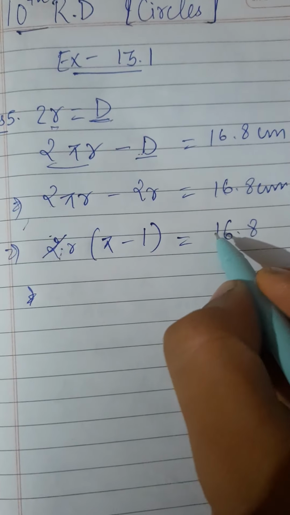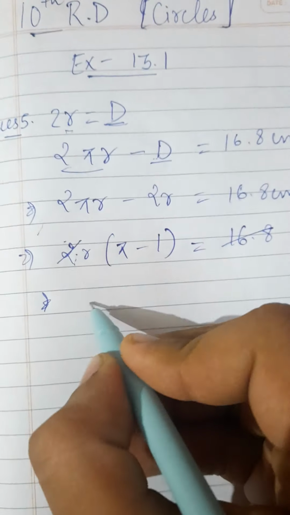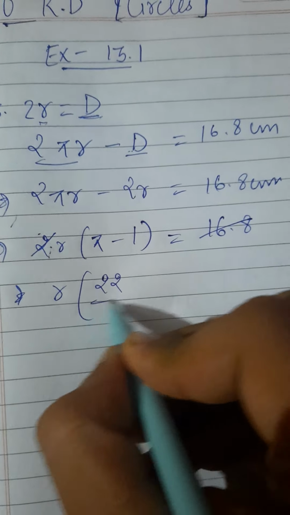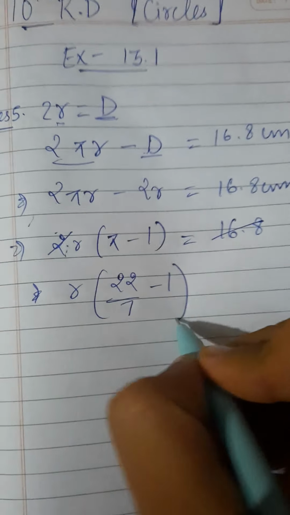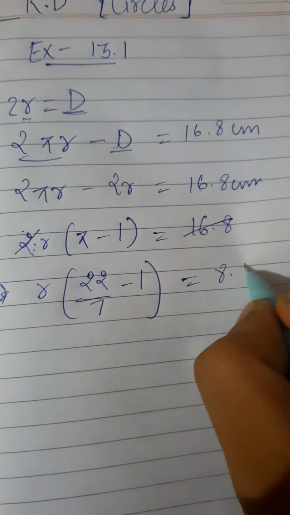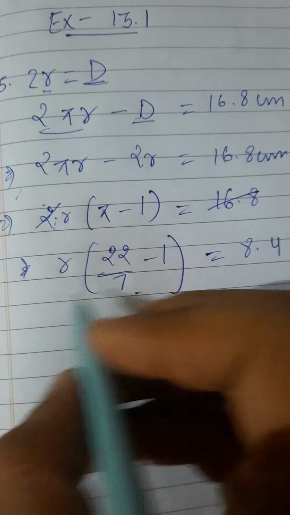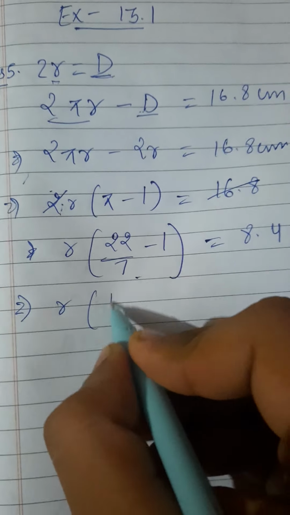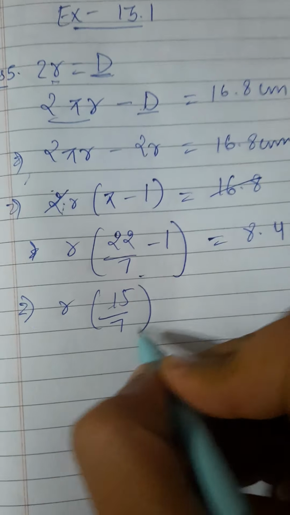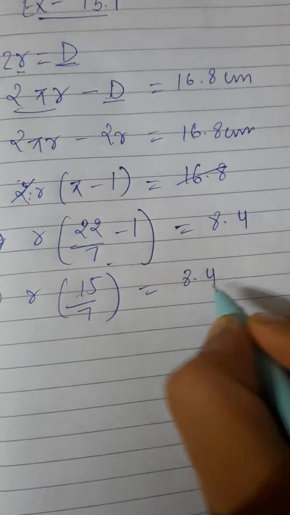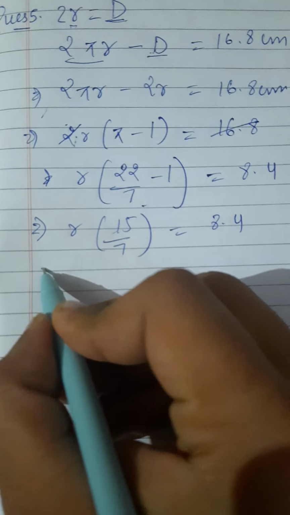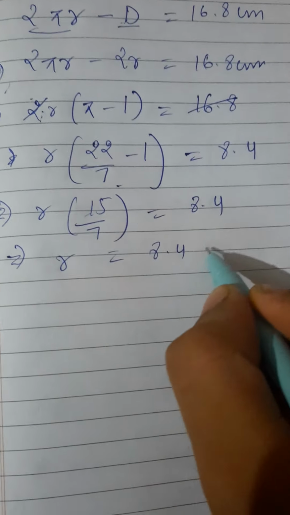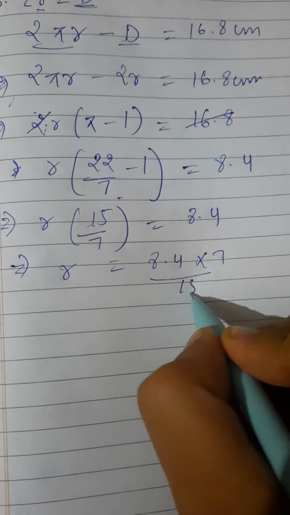If we cancel 2 from both sides, we get r into 22 by 7, which is pi, minus 1, which will be 8.4. So if we subtract 1 from 22 by 7, we get r into 15 by 7, which is 8.4. So we can easily find the value of r from here, which will be 8.4 into 7 upon 15.